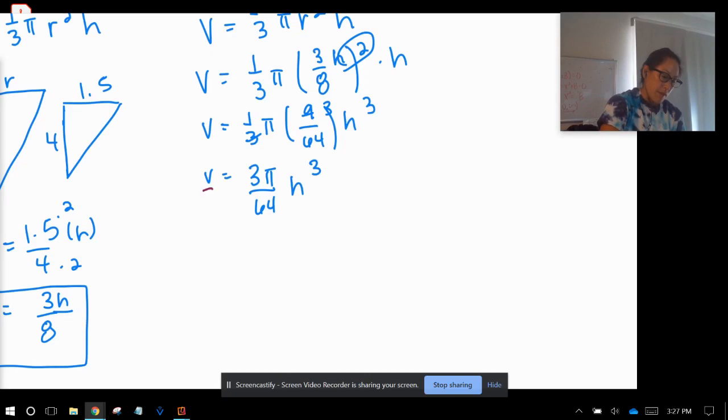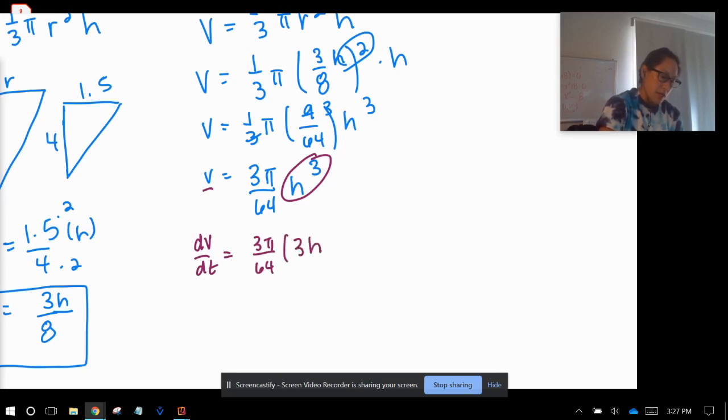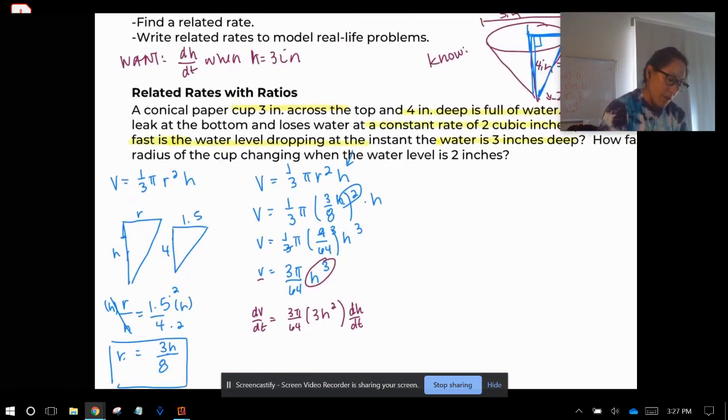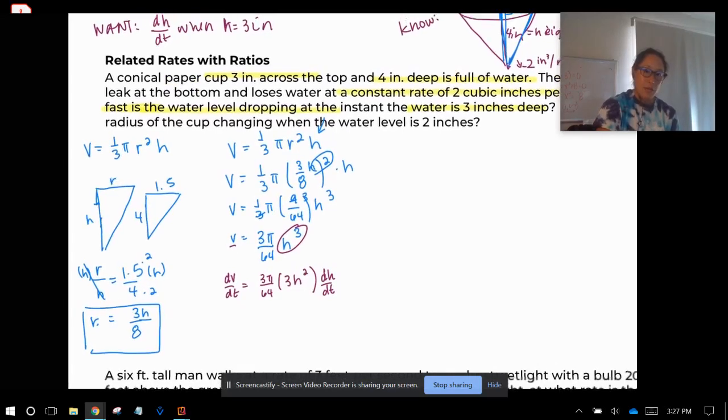All right, the derivative of V is dV/dt. The derivative of h cubed: 3 pi over 64 is the constant, times 3h squared, times dh/dt. And if we look back, I remember that I'm looking for dh/dt when the height is 3.